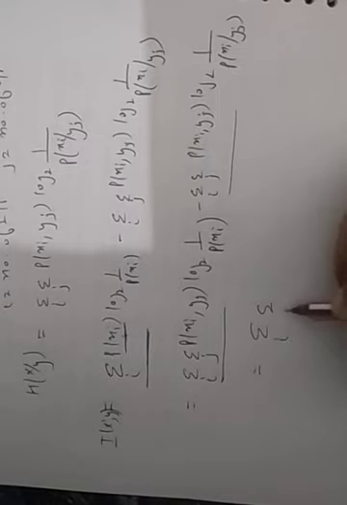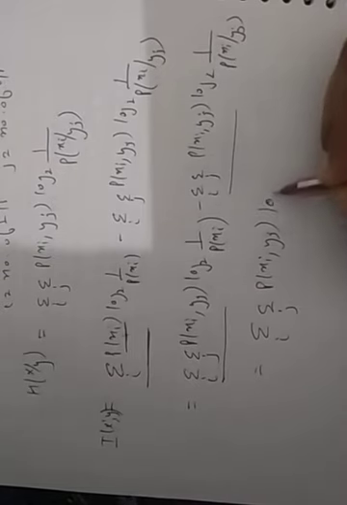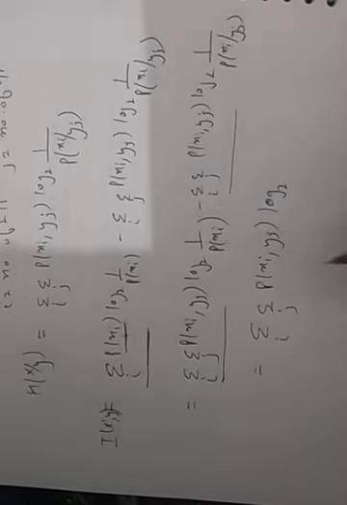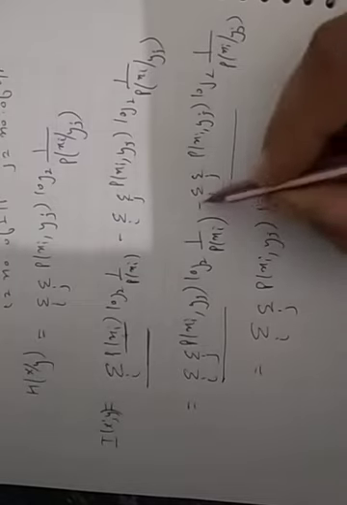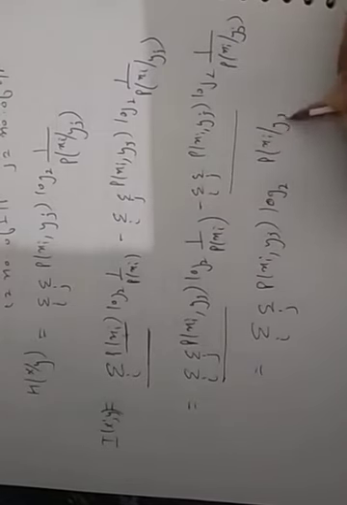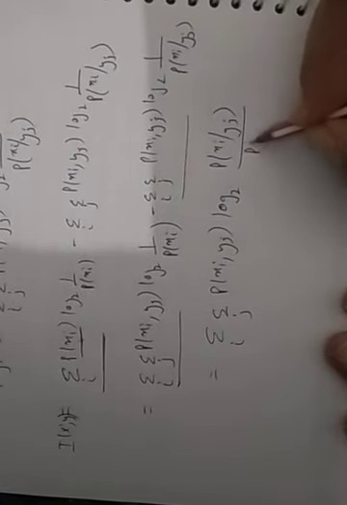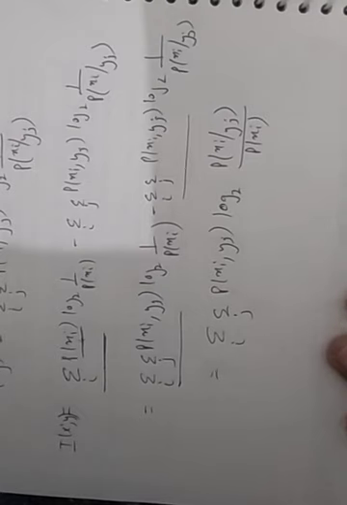Summation over i, summation over j of p(xi, yj) has been taken out common, and we are left with log base 2. This is in minus, so it will move upside, that is p(xi/yj) will go in the denominator and p(xi) will remain as it is in the numerator.